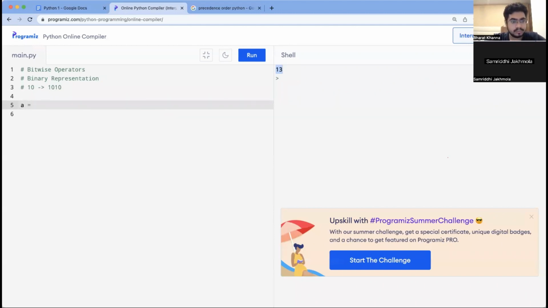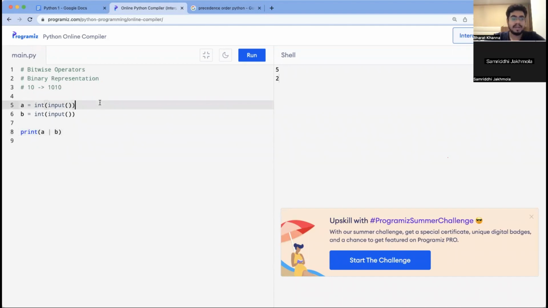So let's take two numbers and calculate their bitwise OR. Okay. Let me give 5 and 2 only. What do you think? What will be bitwise OR of 5 and 2?